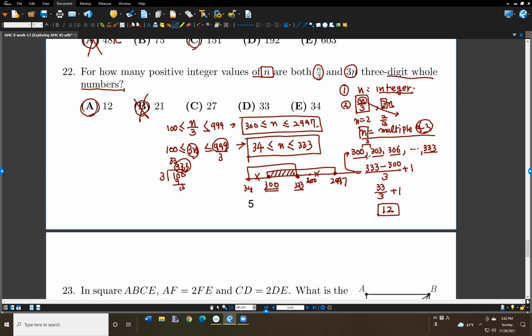Or if this is a better approach to find the number of terms, or maybe you can try the easiest way, if you don't understand this one.